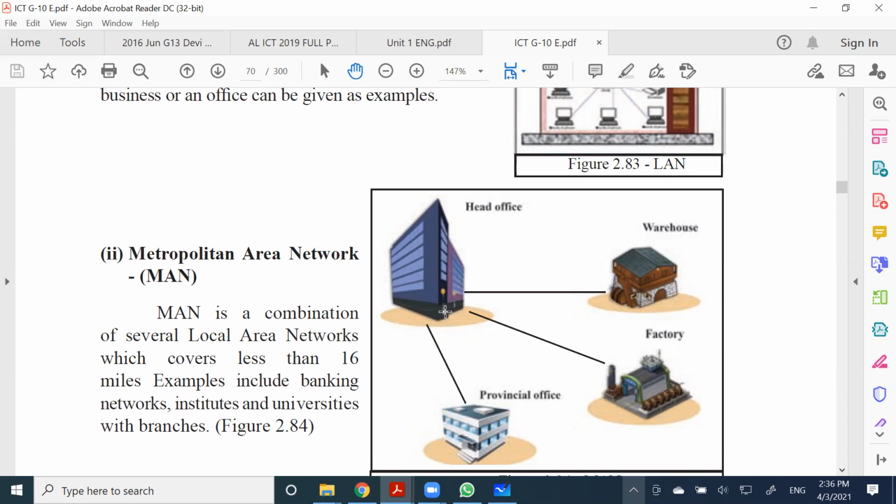Sometimes it spreads over a number of floors of a building.